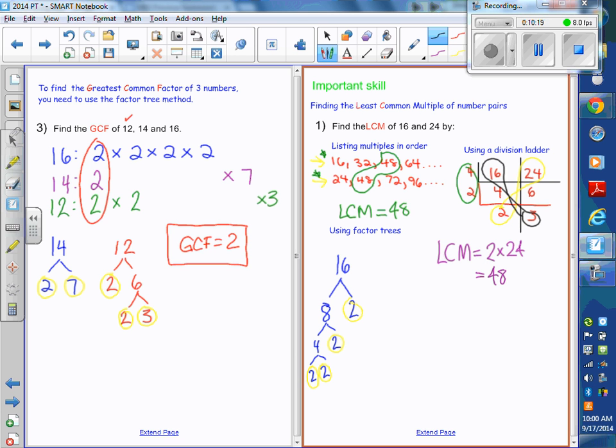And for 24, you might remember the factor tree is 8 times 3, 8 is 4 times 2, 4 is 2 times 2, we circle all the primes.